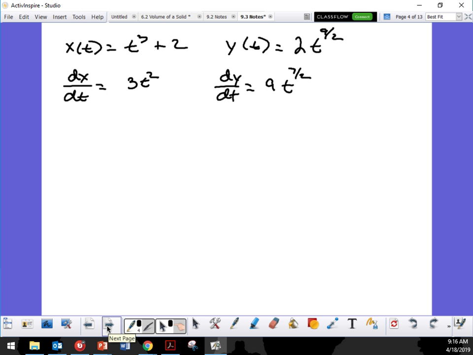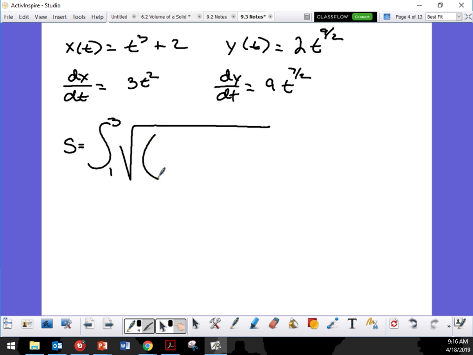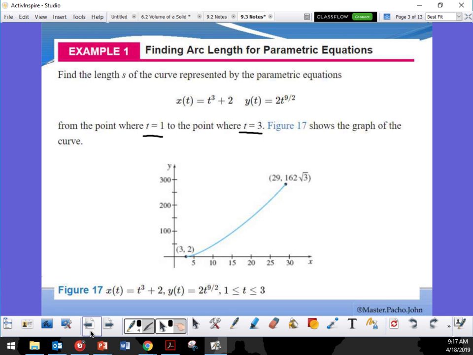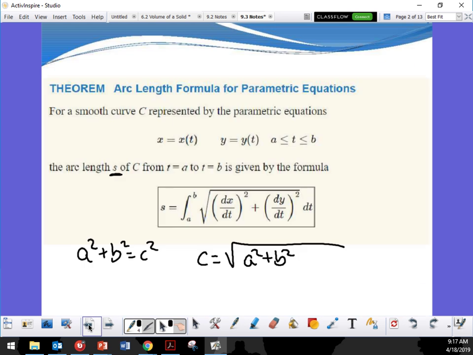So I'm doing s equals the integration from 1 to 3 of the square root of my 3t squared, squared, plus 9t to the 7 over 2, squared, and that is dt.